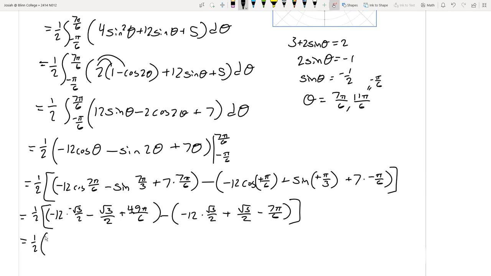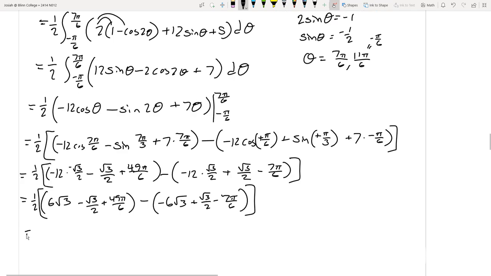I think I'm still going to need this bracket. Yeah. We've got 6 root 3 minus root 3 over 2 plus 49 pi over 6 minus negative 6 root 3 plus root 3 over 2 minus 7 pi over 6.